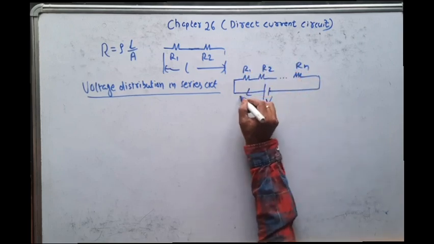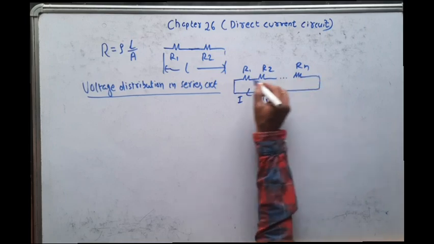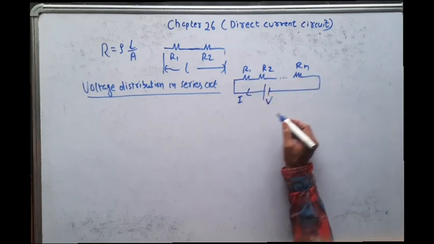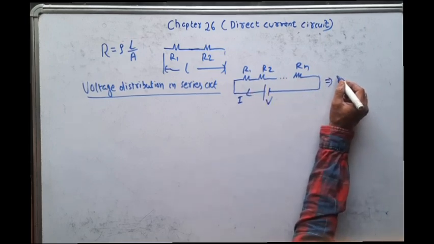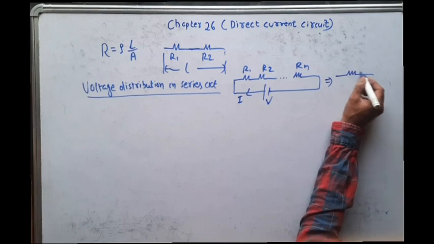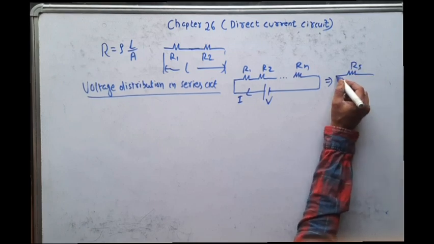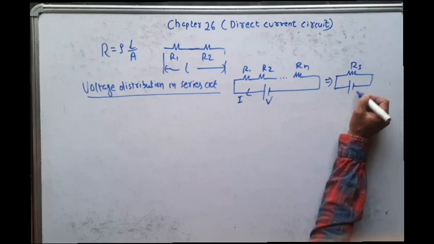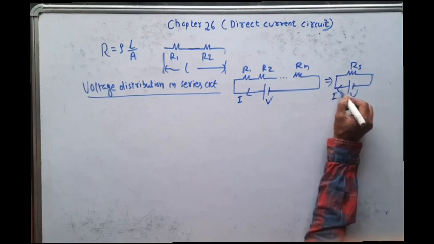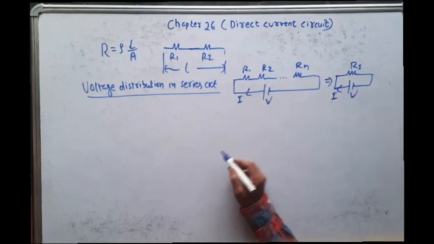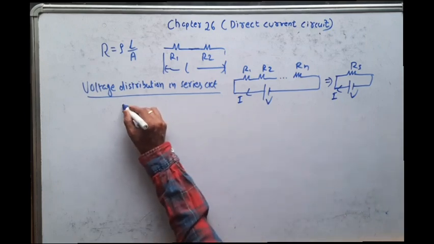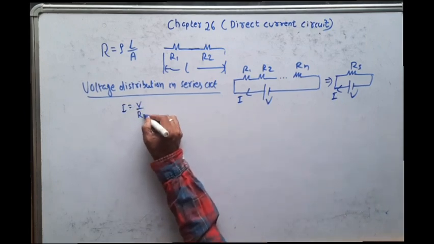Here the current remains the same in each resistor. And what is the equivalent circuit? The total resistance is Rs, connected to the same voltage source V, and it is drawing the same current as the previous. Now, what is the value of I? I is nothing but V by Rs.